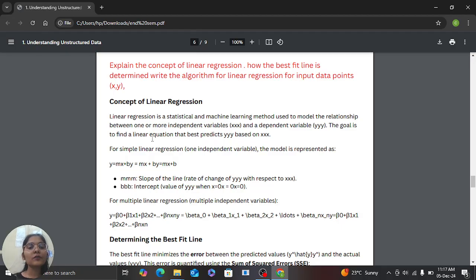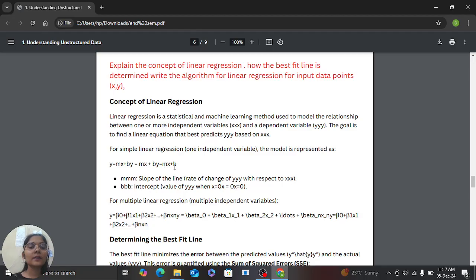The goal is to find a linear equation that best predicts y on the basis of x. For simple linear regression, with one independent variable, the equation will be y = mx + b.